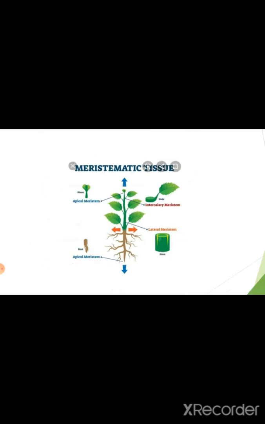Okay, next. Do you know tissue culture? Tissue culture is a technique of growing a new plant from a tiny piece of the plant tissue called explant. The explant is grown on a synthetic medium in a germ-free environment.